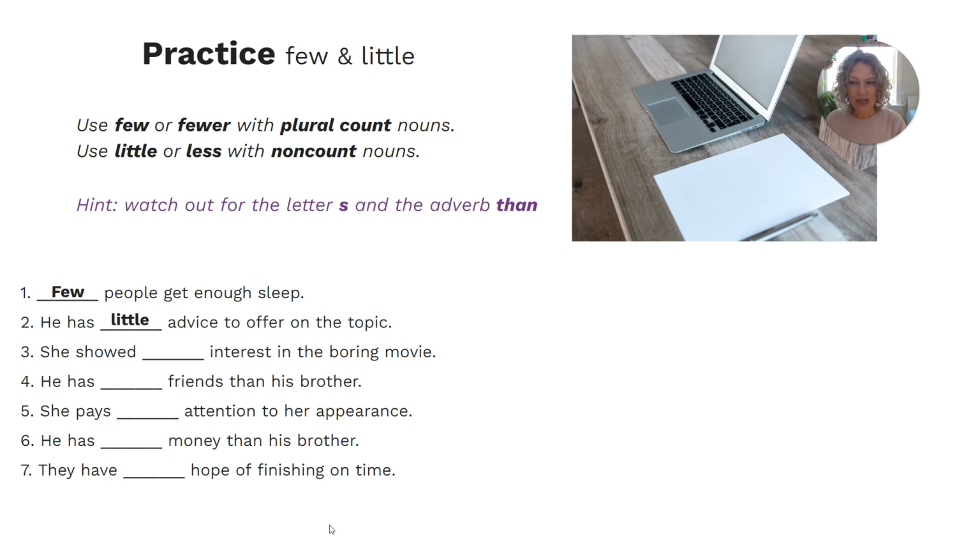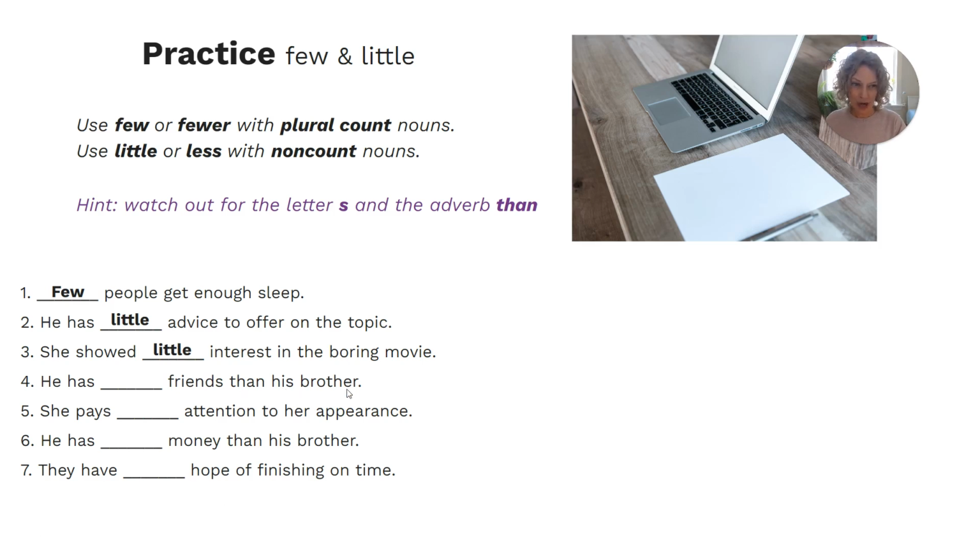Number 3, she showed blank interest in the boring movie. So what kind of a noun is interest? It's a non-count noun. She showed little interest in the boring movie. Number 4, he has blank friends than his brother.